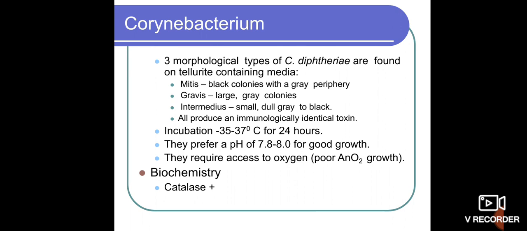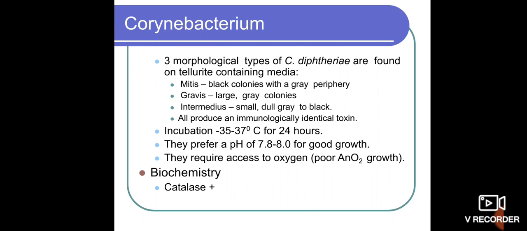One test is called pyrazinamidase, that is the PYZ test. This test is helpful to distinguish between C. diphtheriae and other forms of corynebacterium. The toxin that is produced by C. diphtheriae is a very powerful exotoxin. The toxicity observed in diphtheria is directly attributed to the toxin secreted by the bacteria at the site of infection.